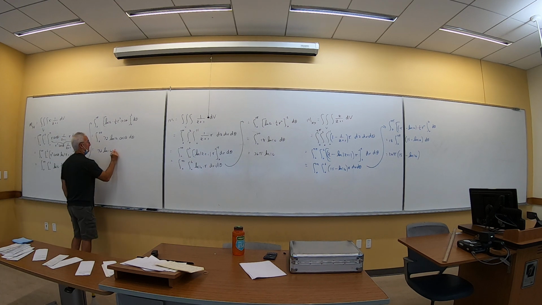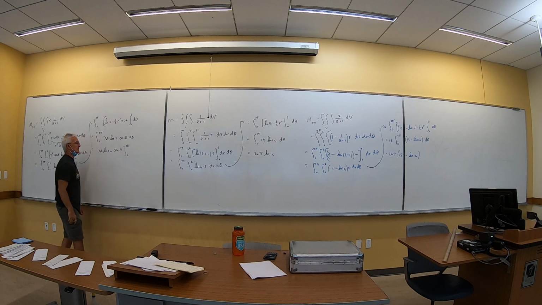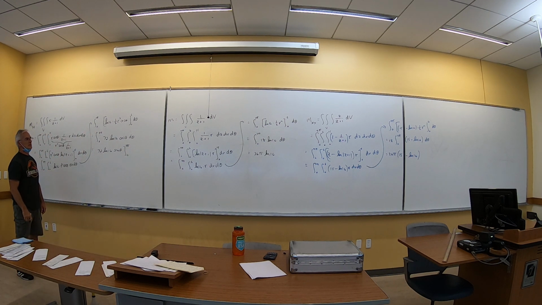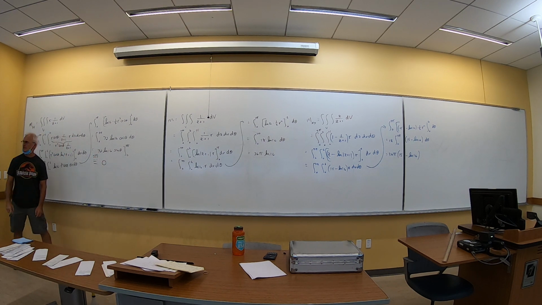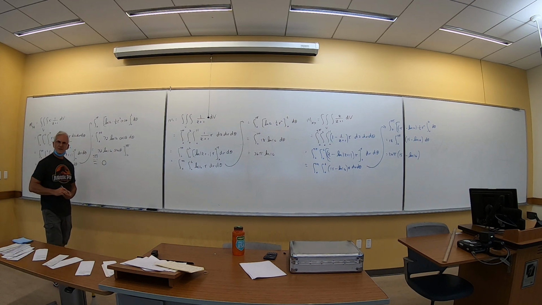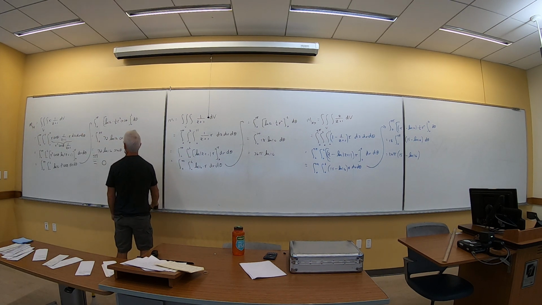Positive sine theta, good, from 0 to 2 pi. Wait a minute, if I evaluate sine from 0 to 2 pi, it's 0, isn't it? In fact, it's 0 at both ends. Huh, go figure. You got 0.